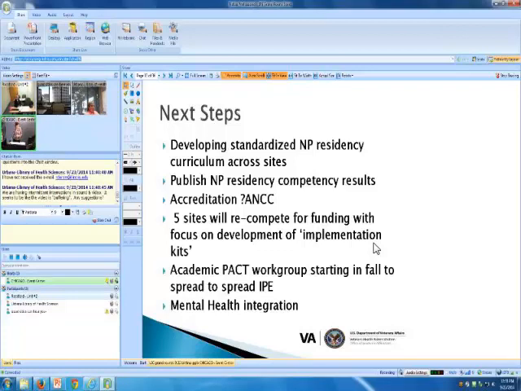Oh, sorry, I have two "spread" there. I'm just noticing. Sometimes you look at the slides and you can't see your typos. You've seen them too much. But I'm going to represent the Office of Academic Affiliations on the work group. We asked the regions to send an interprofessional team, and we listed all these different professions. Guess what we got? I'd say 85% are physicians.